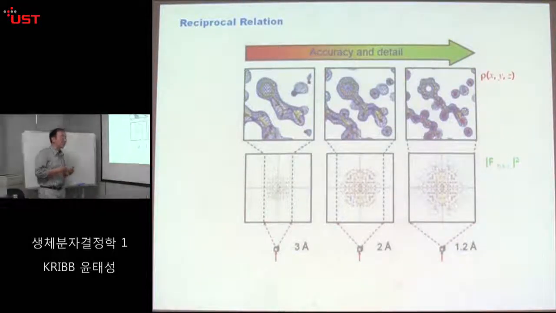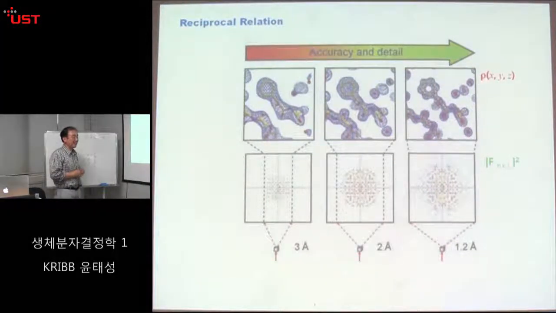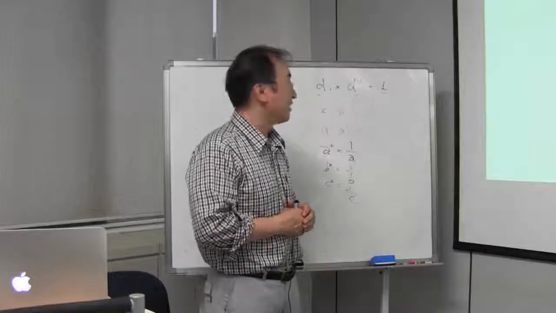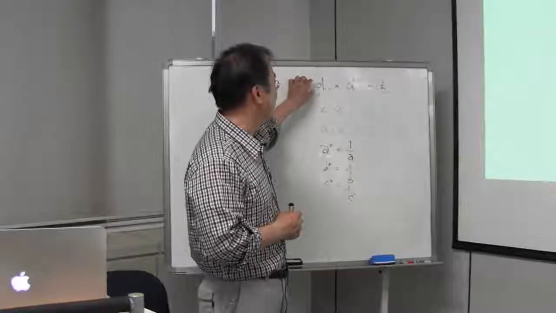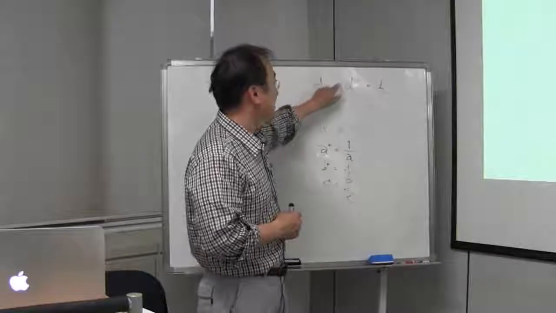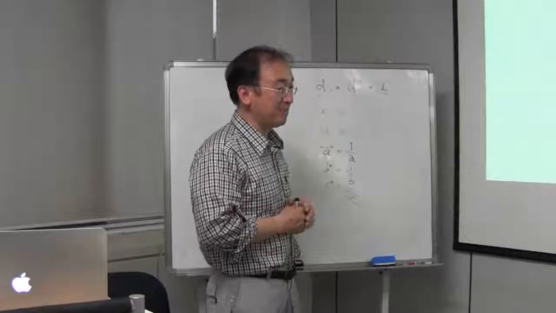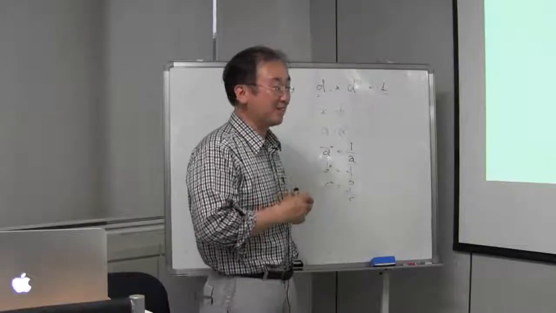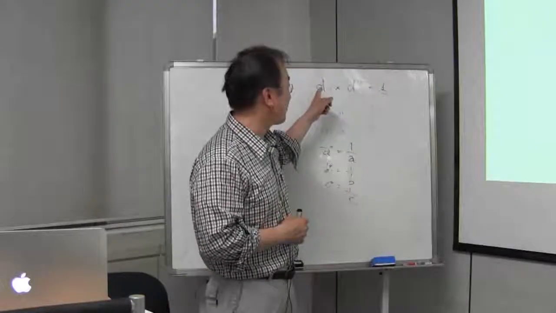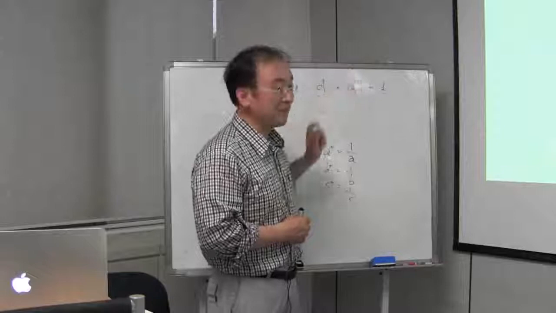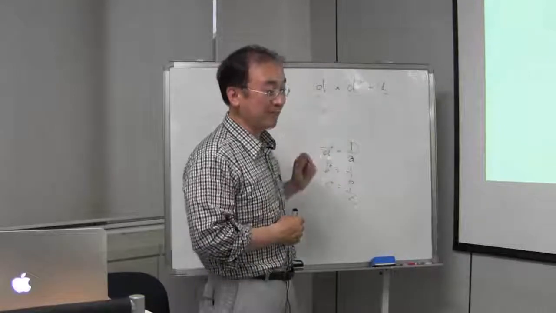I'd like to help you develop a sense of reciprocal relation in resolution. Resolution in terms of symbol d can also be used in symbol d star, but d and d star are not independent. They are related with this simple relation of reciprocal numbers, like x and 1 over x.